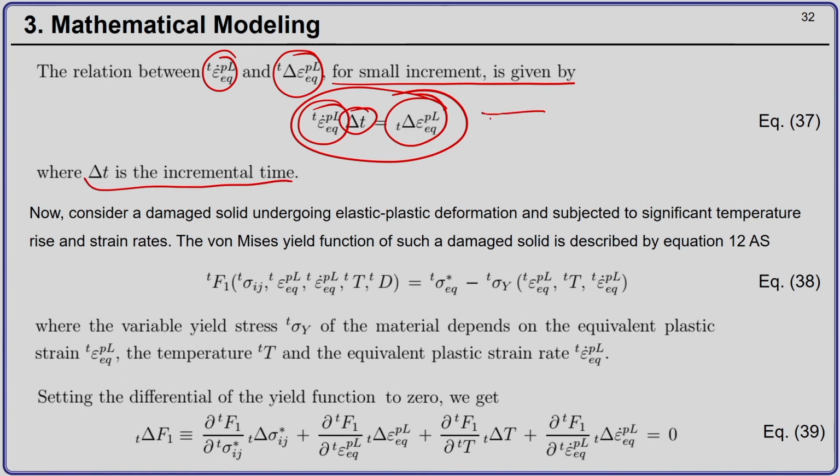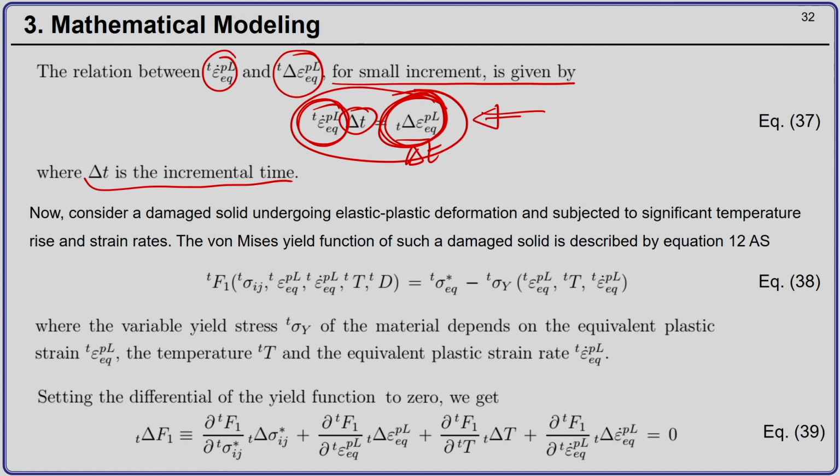So, in our computer implementation we will compute the increment in the plastic strain from this formula. When we have to compute the plastic strain rate, it will be approximately equal to the incremental plastic strain divided by the time step delta t of that particular load step.